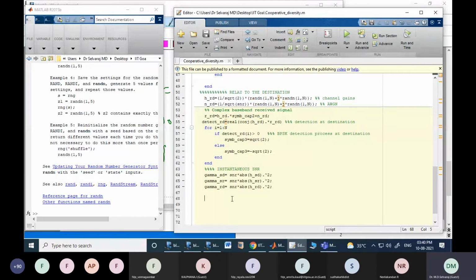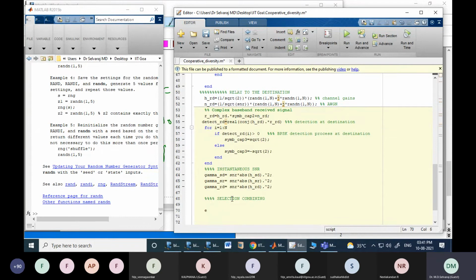Once we have the instantaneous SNRs, then I have to apply selection combining and error counting, the selection combining and symbol error probability calculation. We'll write it as selection combining first. Let us define some variables because I have to do this.